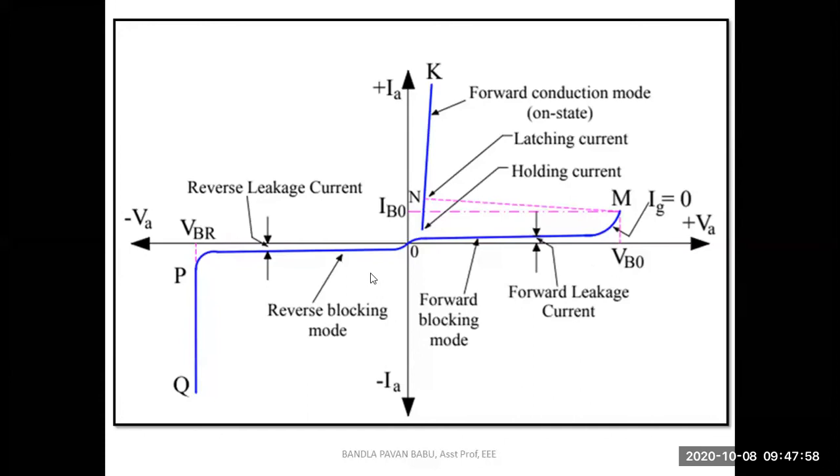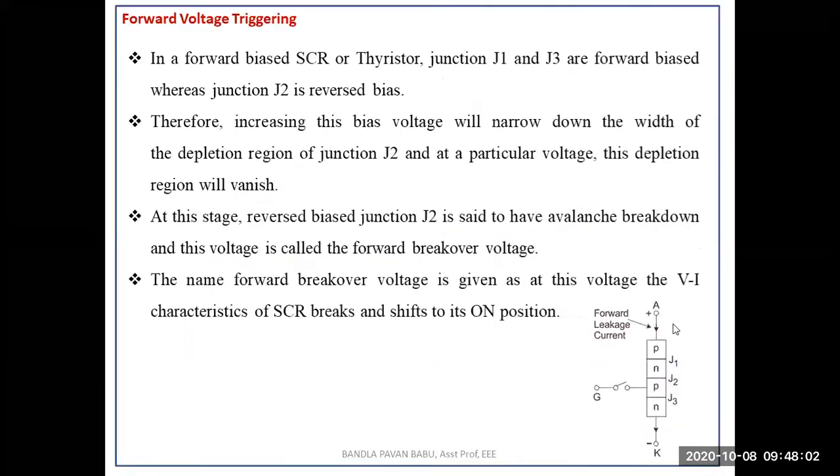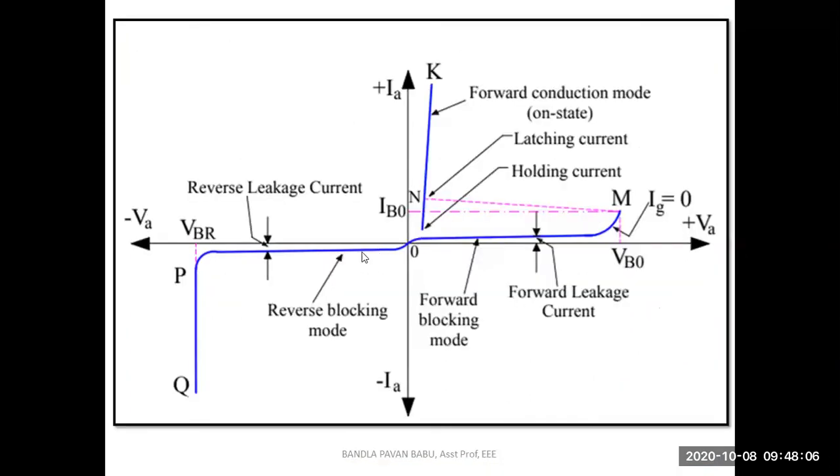In reverse blocking mode, the anode is negative and the cathode is positive. When we keep increasing the voltage, at a particular value it may lead to breakdown. That is why a small amount of negative current appears here.